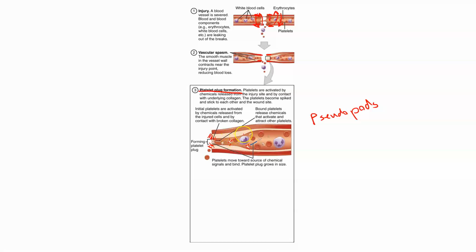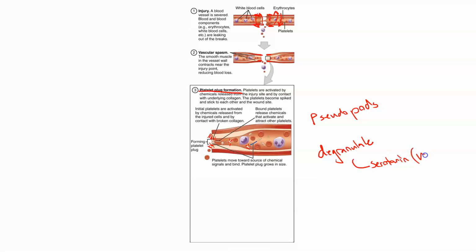There shouldn't be collagen really exposed in the inner lining of the blood vessel normally, but because it's cut now, some of the collagen that was in these connective tissues is exposed, so they grab onto it really tight. Then usually the platelets will, what we would say, degranulate, and that means they'll release the granules that are inside of their cytoplasm, and some of the things that they'll release is serotonin.